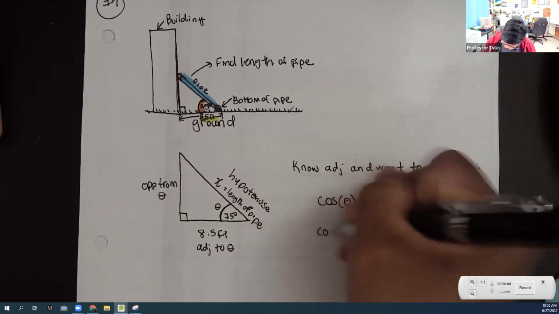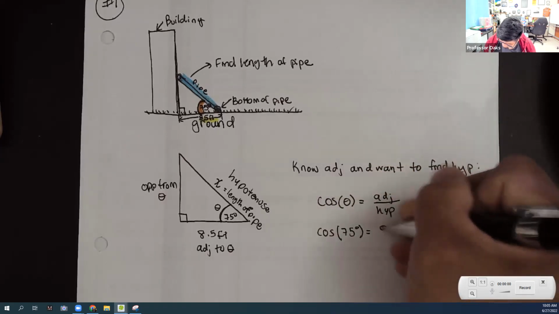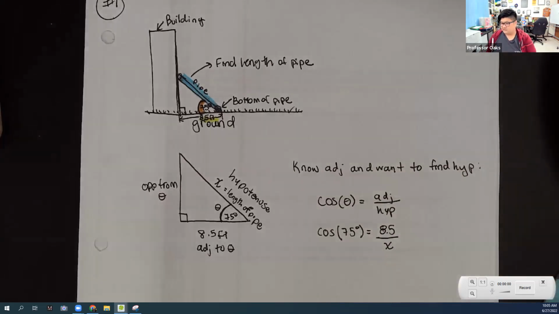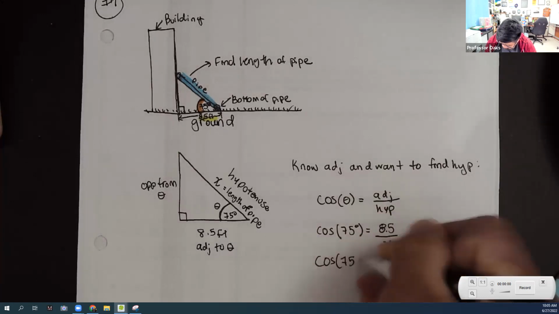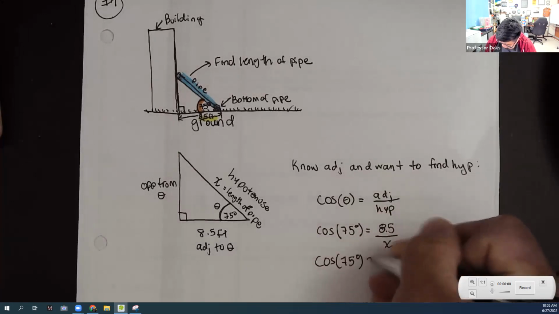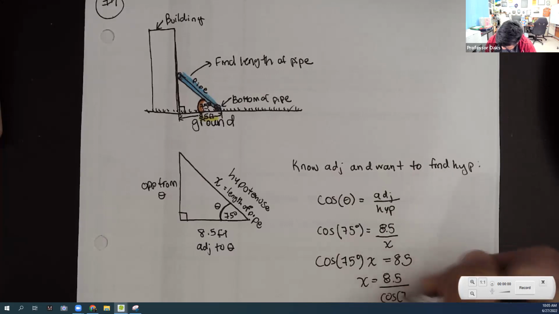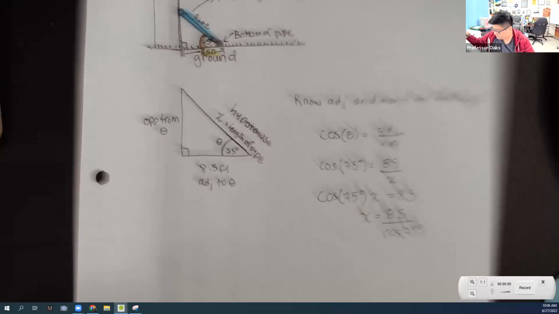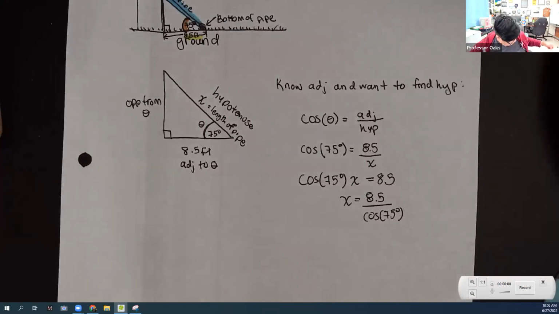So cosine of 75 degrees is 8.5 over X, and then cross multiply. So cosine of 75 degrees times X is 8.5, or X is 8.5 divided by cosine of 75 degrees. And then you can give a decimal to two places if you want.